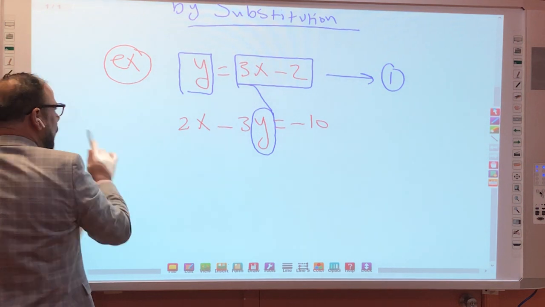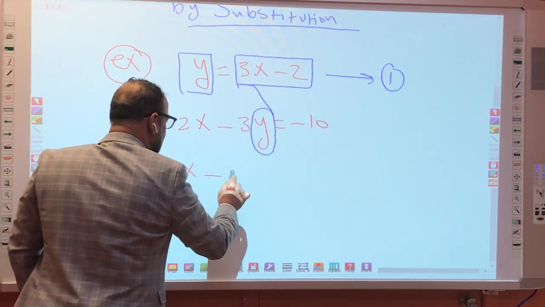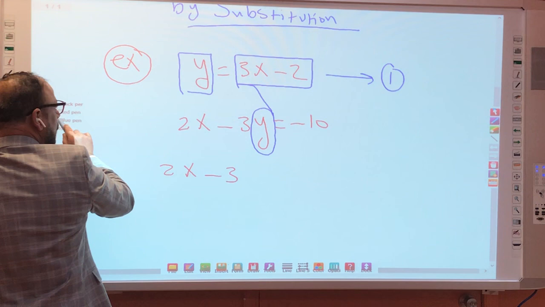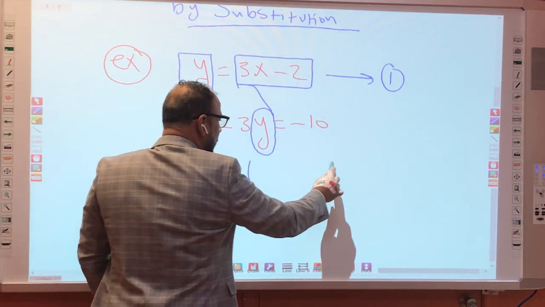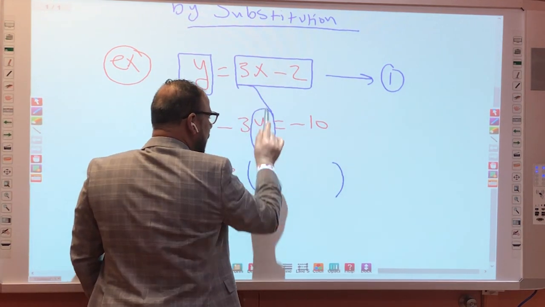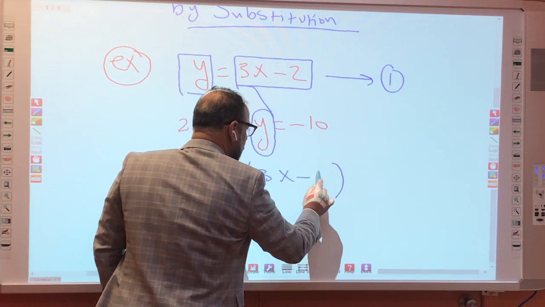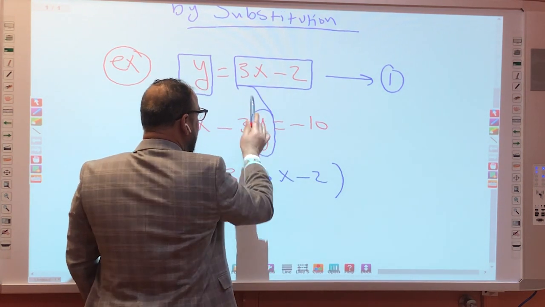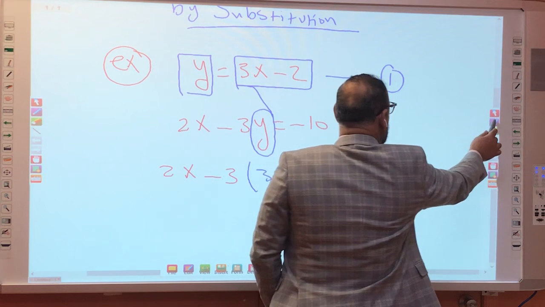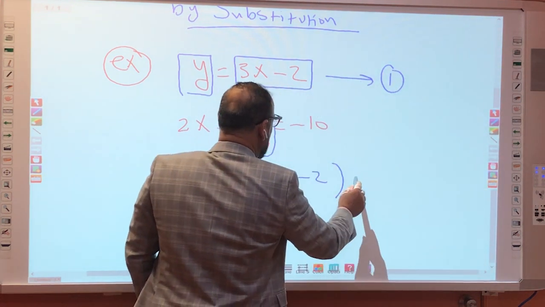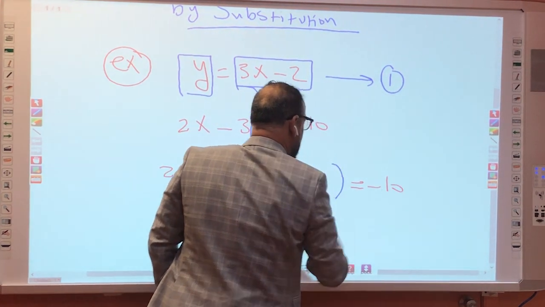In red, leave 2x, leave the 3, and replace y by 3x minus 2. You see what I did? I replaced y by 3x minus 2, and this equals -10.